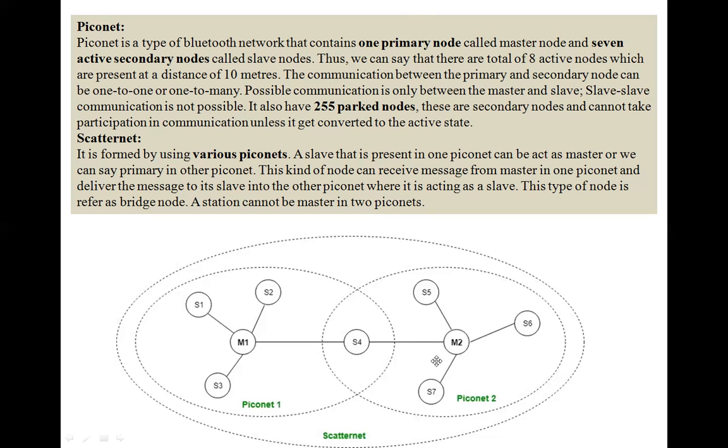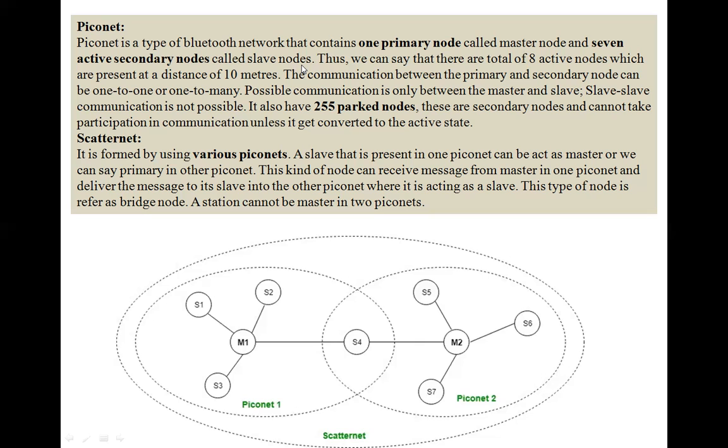Now see what exactly a piconet means. A piconet is a type of Bluetooth network that contains one primary node called the master node and seven active secondary nodes called slave nodes. Here M1 is referred to as the primary node and S as the slave nodes. So a maximum of seven slave nodes can be handled by a primary node.